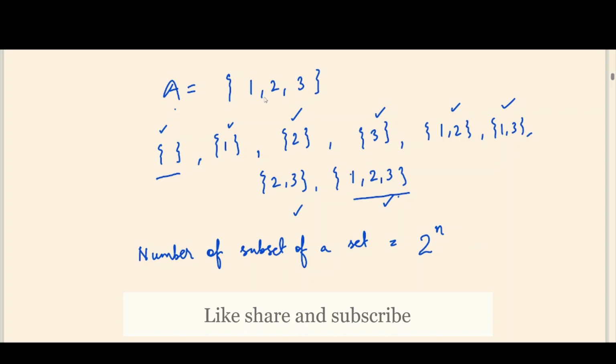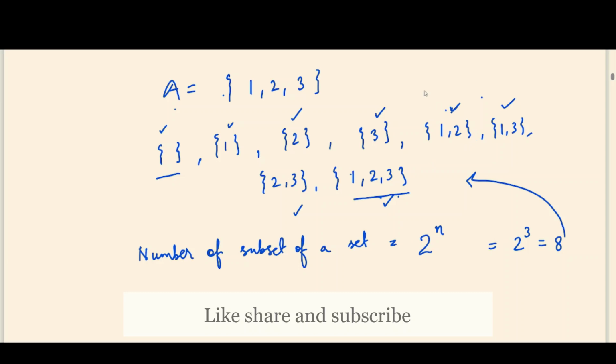Here n, the number of elements, is 3, so it is 2 to the power of 3, which is 8. We have just seen these are the 8 subsets of set A. The same set is also called a subset of that set.